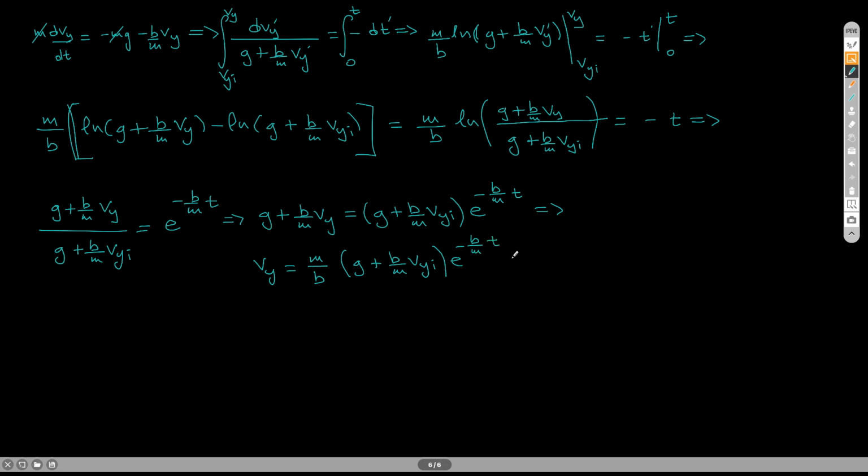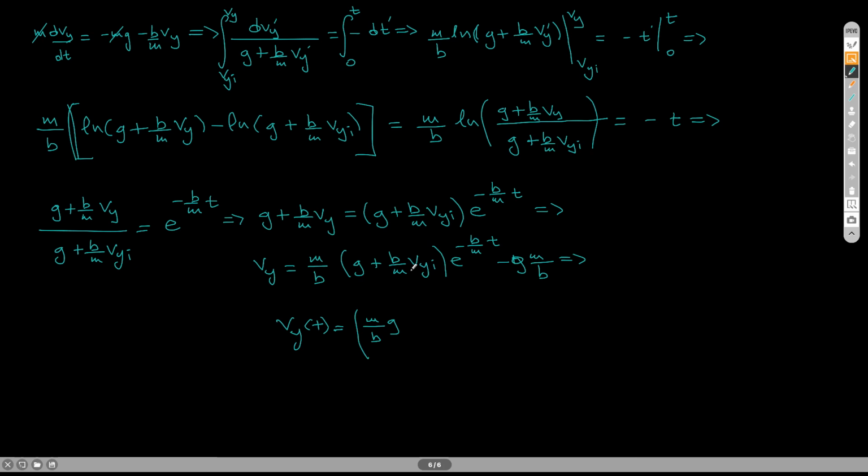And remember, I brought g, so minus g, and I also multiplied with m over b. I will write this a little bit better. vy as a function of time is going to be m over b times g, parentheses.